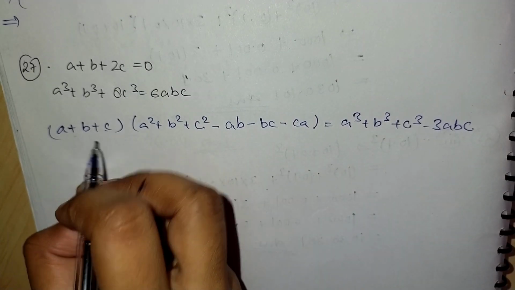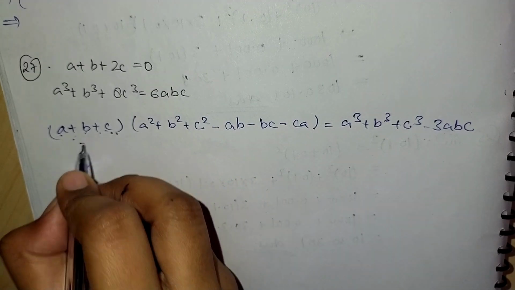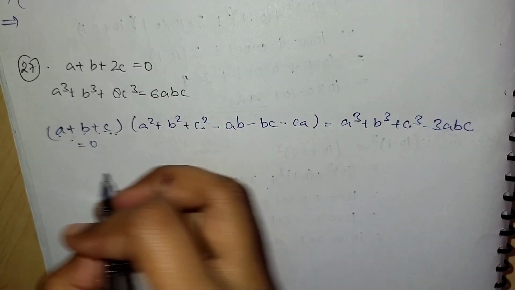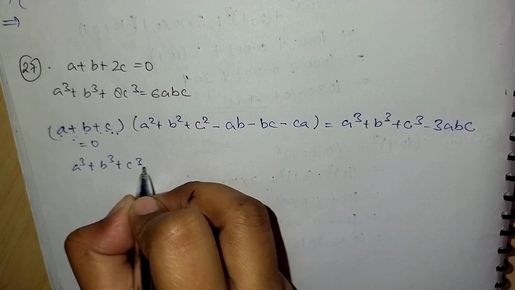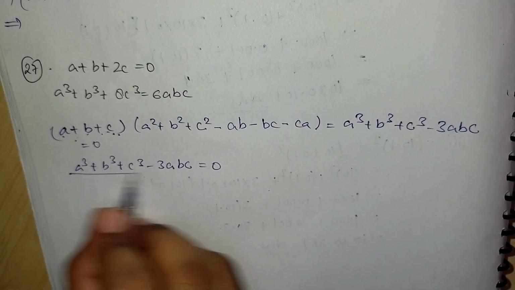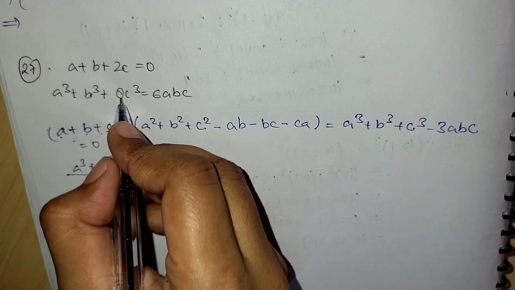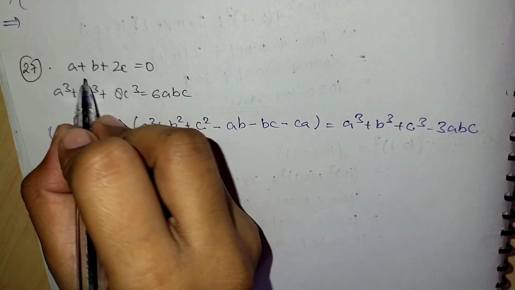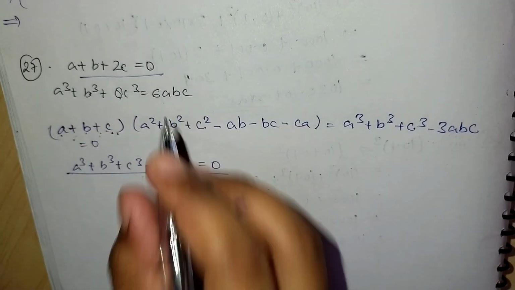So here, as we can see, if a plus b plus c is equal to 0, the whole product becomes 0, and we will get a cube plus b cube plus c cube minus 3abc equal to 0. Hence the same formula we can put in this, because it is a cube of this only, so we can write this is equal to 0 here, so this whole thing will be 0.